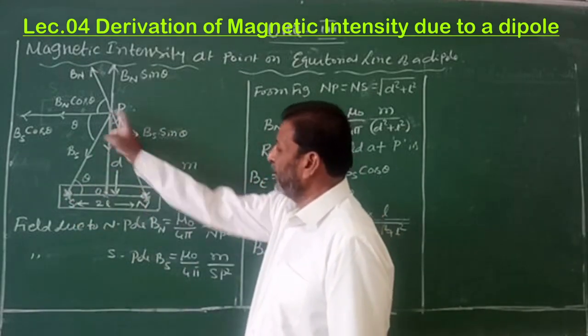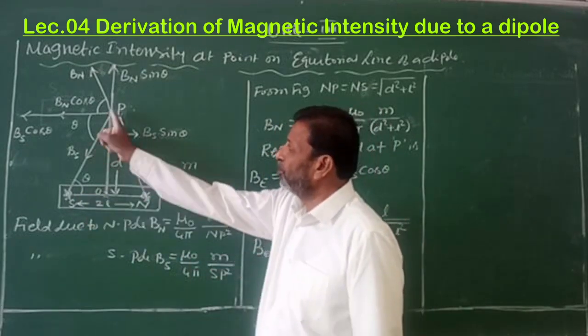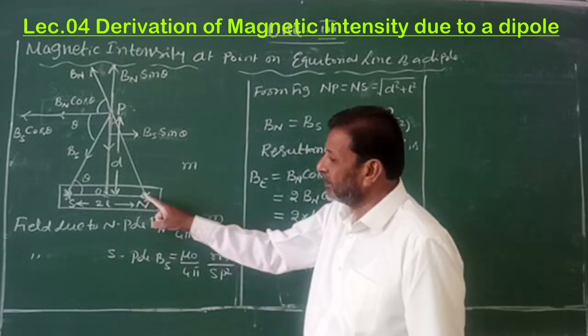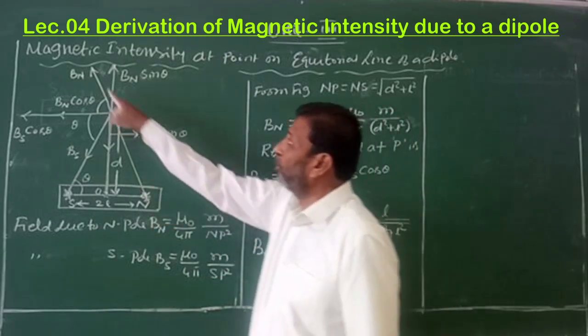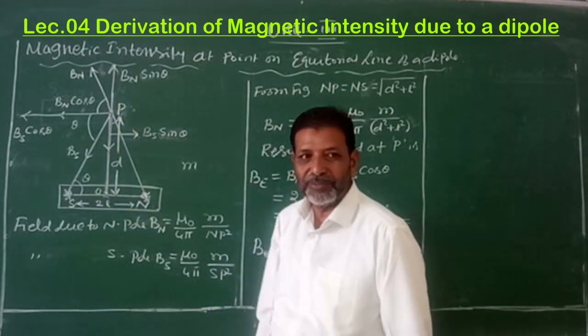Since this is the north pole, field due to the north pole is away from it, means it is in this direction. This is the south pole, field due to the south pole is in this direction, towards it.